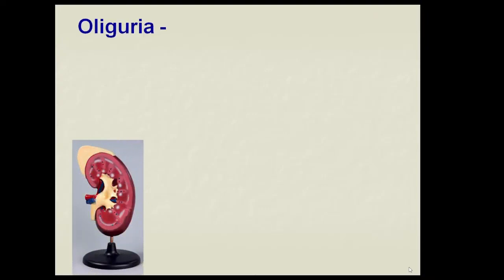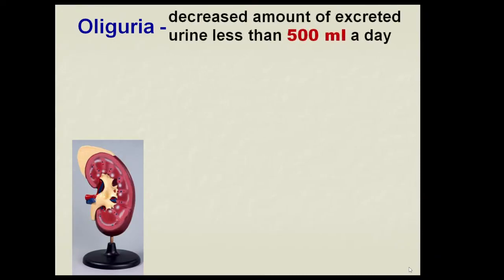The opposite problem is when the amount of urine decreases. When the amount of excreted urine becomes less than half a liter, I'll draw your attention, not less than intake liquid, less than half a liter, 500 milliliters, we are talking about oliguria, which also may be of renal or extrarenal etiology.